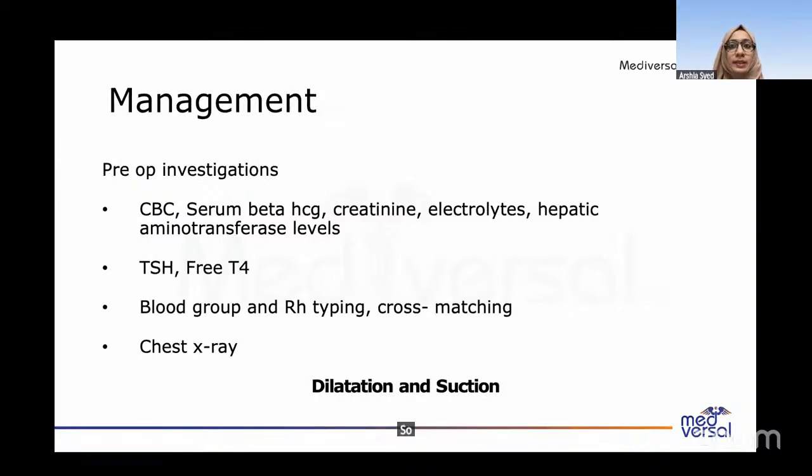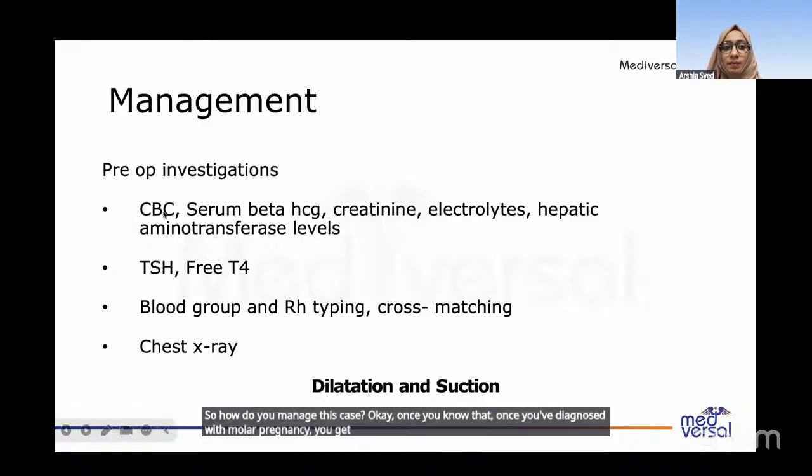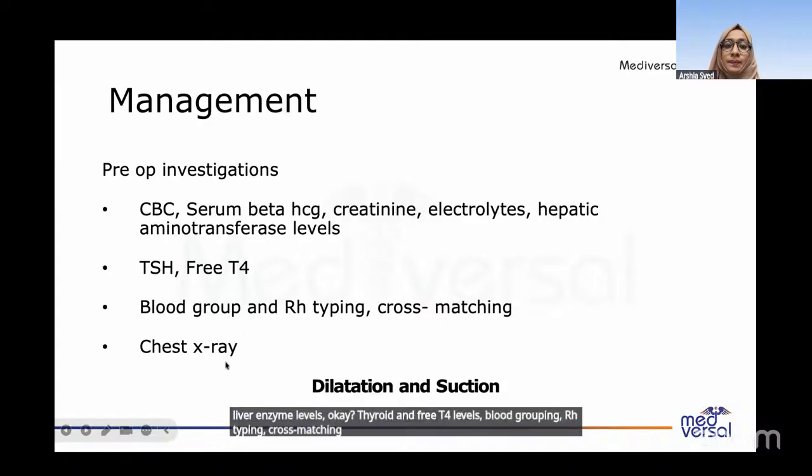So how do you manage this case? Once you've diagnosed a molar pregnancy, you get a hemoglobin, a complete blood count, serum beta HCG levels, creatinine levels, electrolyte levels, liver enzyme levels, thyroid and free T4 levels, blood grouping, RH typing, cross matching, and a chest X-ray.